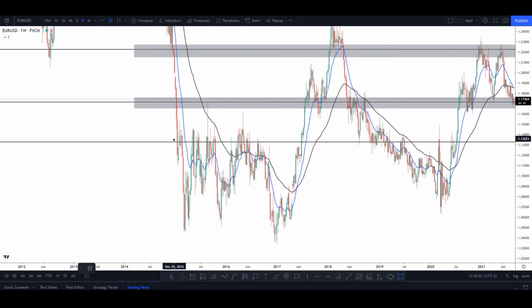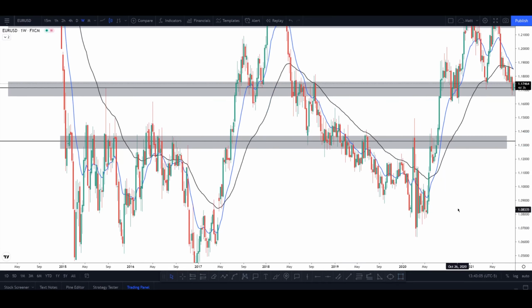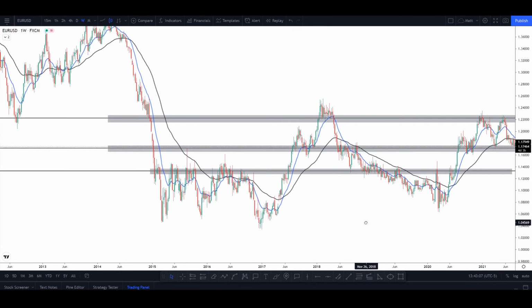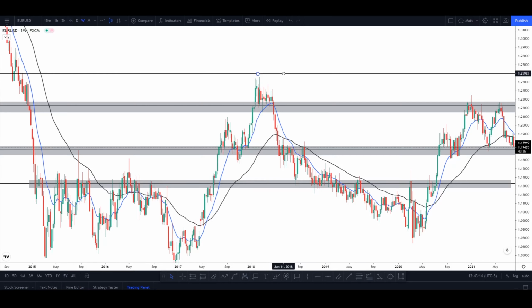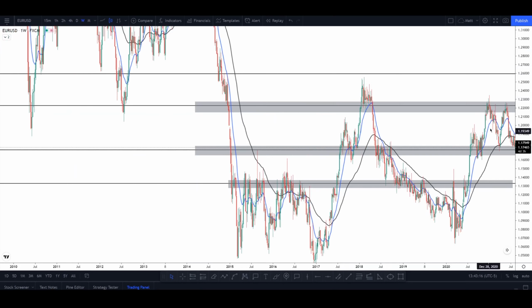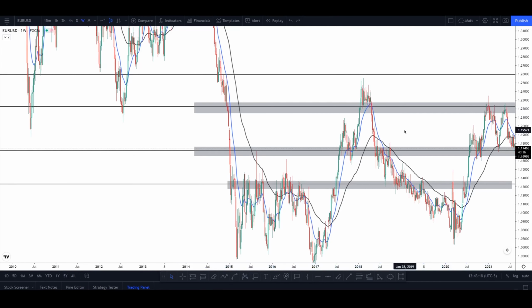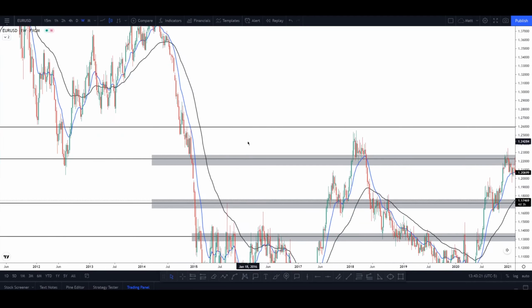And this is where you can get your rectangle tool and stretch this out. And once again, if I were to draw this further out, let me do two more examples for you guys before I move on to something else. If I were to stretch this out, we could see, okay, our next region of resistance would be roughly around here.